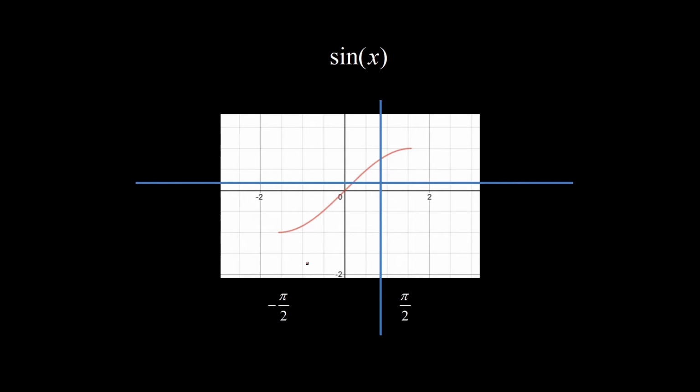So if we choose this domain restriction, then we can define an inverse sine function. And this is what we do. We restrict the domain of sine to minus pi over 2 to pi over 2, which means the inverse sine will only output angles between these numbers.